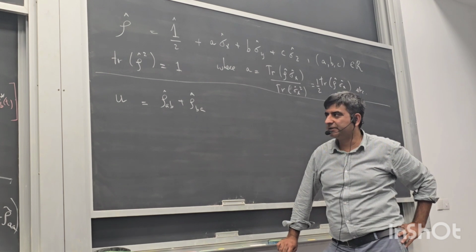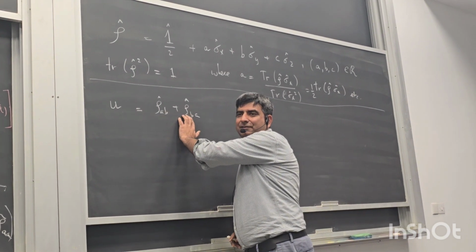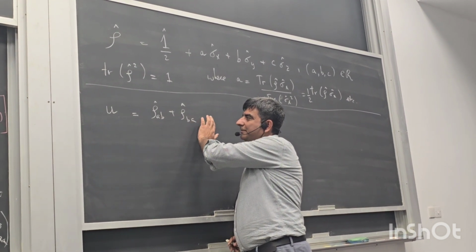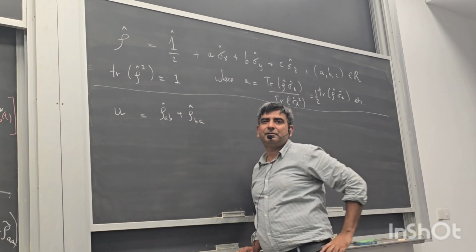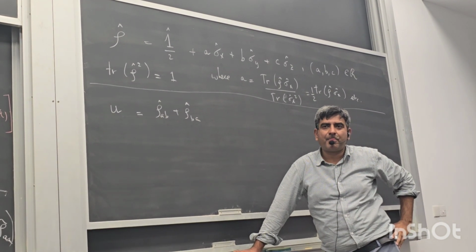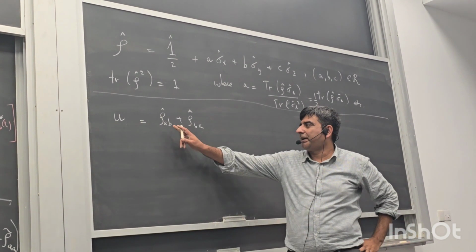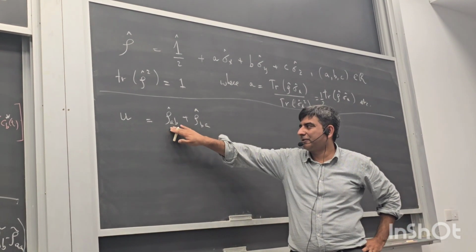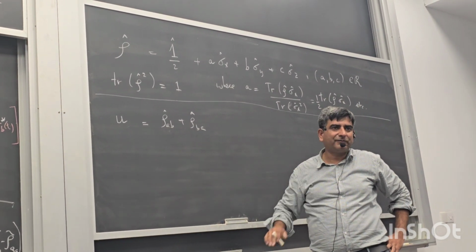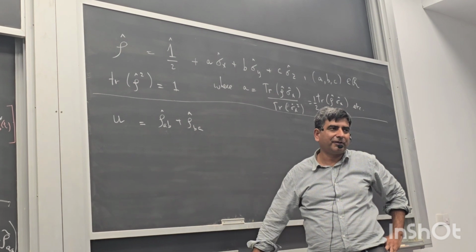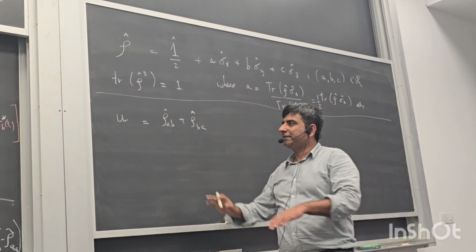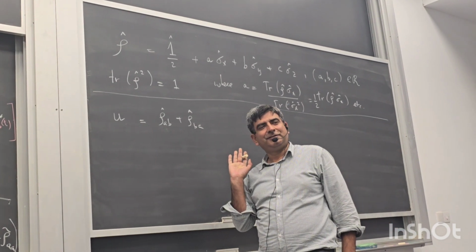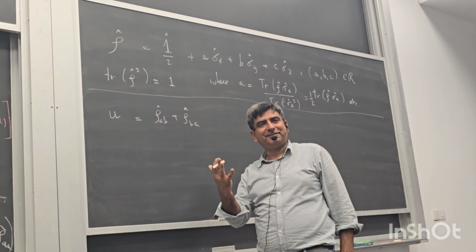This will be 2 times the real part of rho AB. I add the number to its complex conjugate, I get a real number, which is the real part of this, with the 2 times, sorry. So I define this new variable u, which is now a real number.